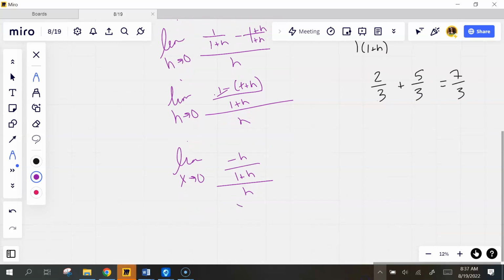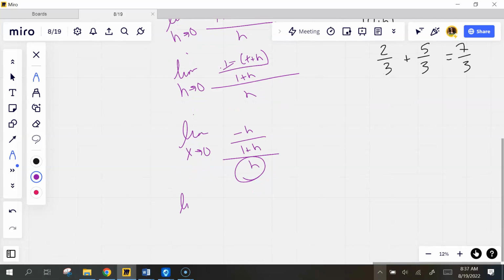So now what I'm going to do is multiply by the reciprocal of this, because I'm dividing. Oh, I keep putting x here. I'm sorry, y'all. h goes to 0. Negative h over h times 1 over h. Y'all good?